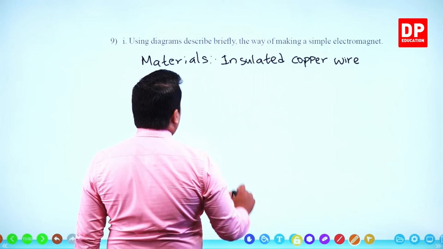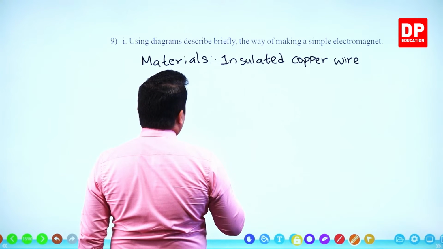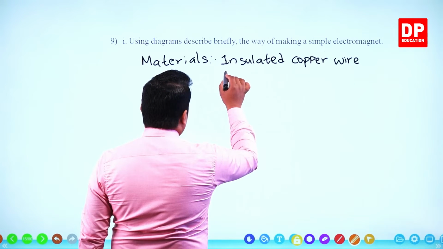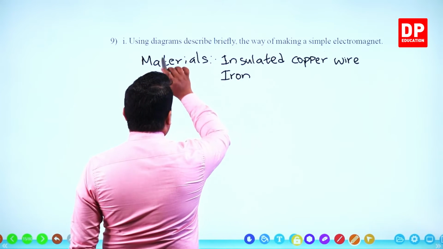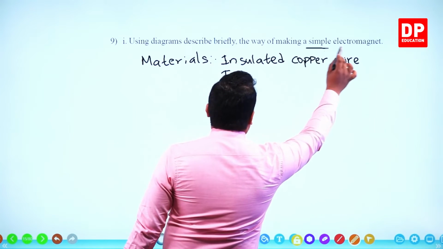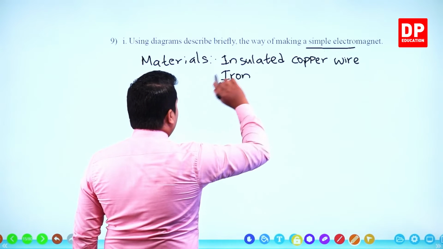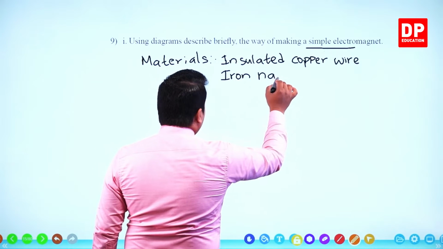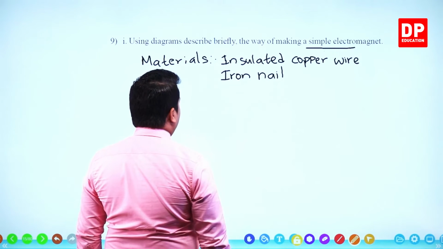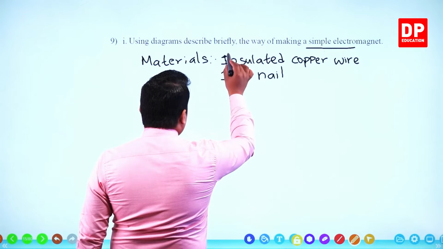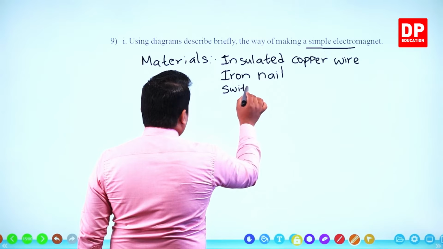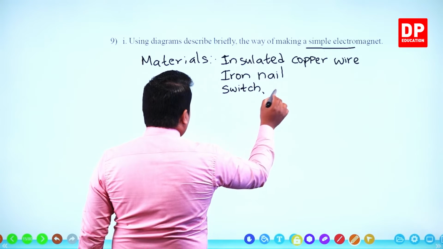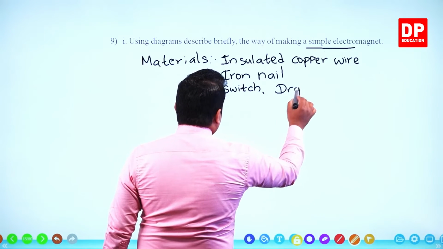Then an iron nail, as it is saying simple electromagnet, an iron nail would be perfect. Then a switch and dry cells.